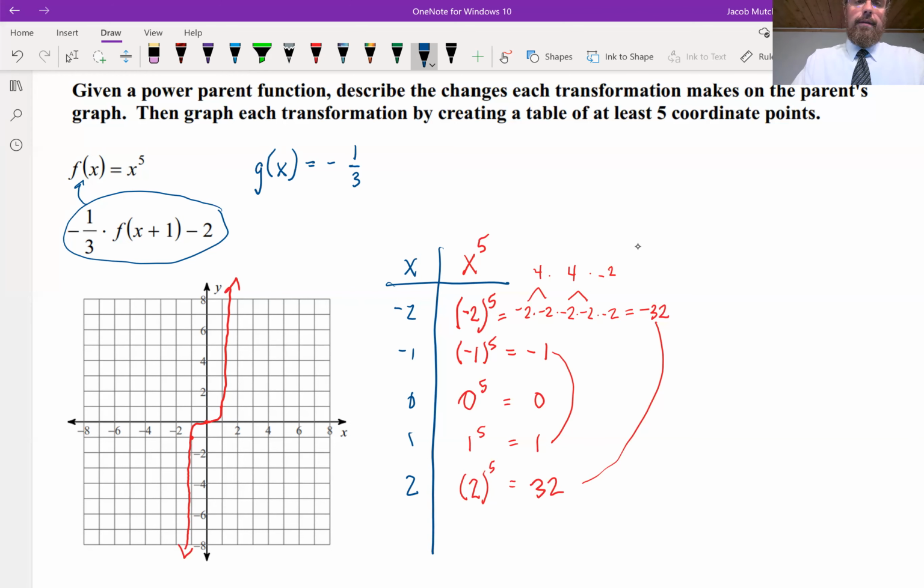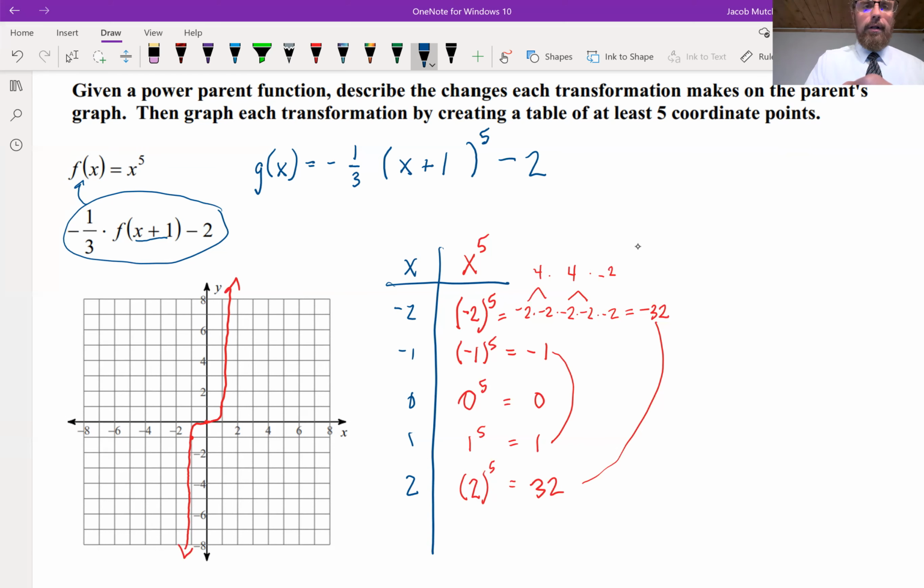I see that within the function part, the input has changed from just x to x plus 1. So I need to put that x plus 1 in the parentheses and then raise the parentheses group to a power of 5. And then the -2 is on the outside of the function, so I'm going to tack it onto the end there. So that takes my transformation rule and applies it to the function equation to give me my transformation equation.